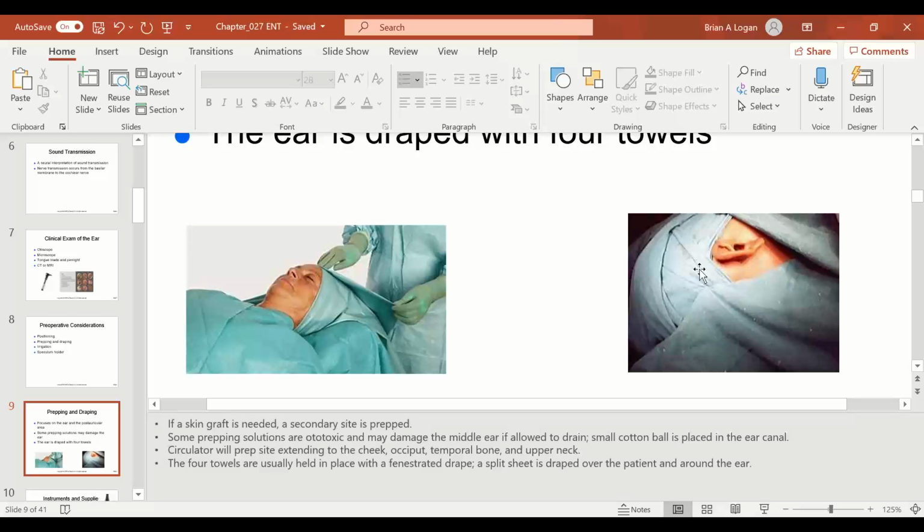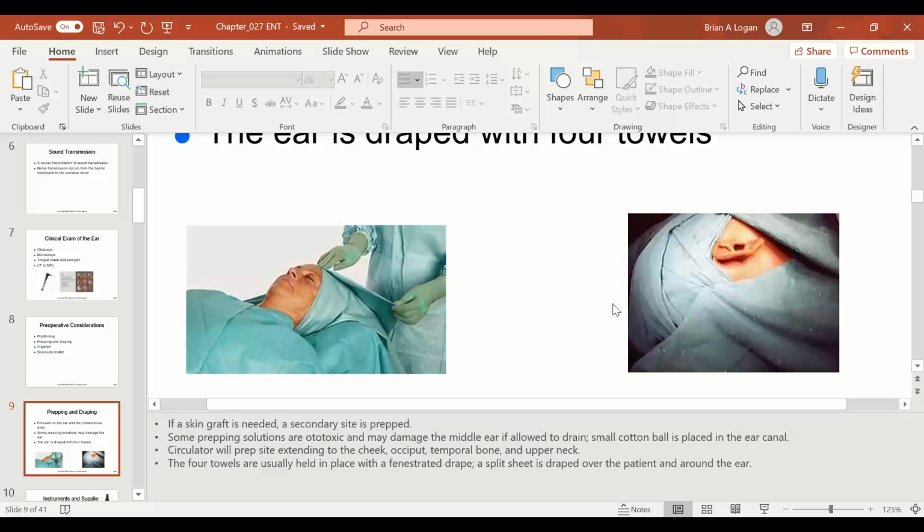Anything else inside the middle or inner ear, we have to access through what's called a post-auricular incision. Post meaning behind, auricular being the auricle or the pinna, the external ear. So that's a post-auricular incision behind the ear.